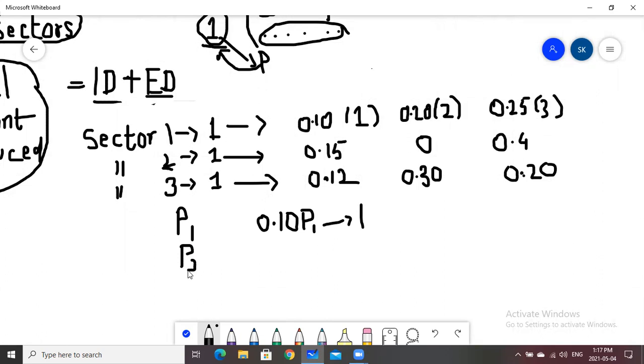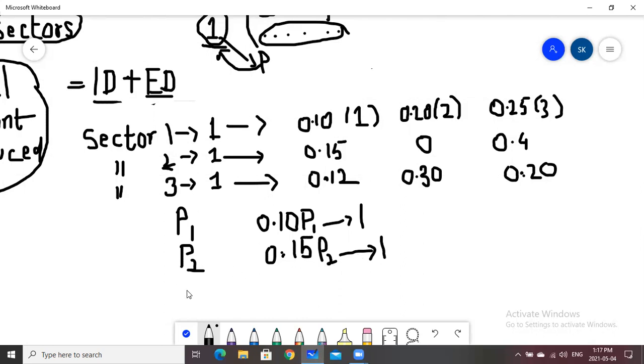To produce P2 units of product 2, it requires 0.15 P2 units of product 1.